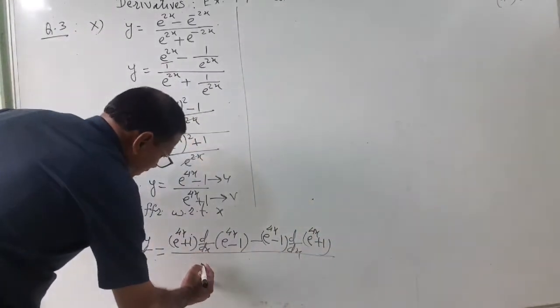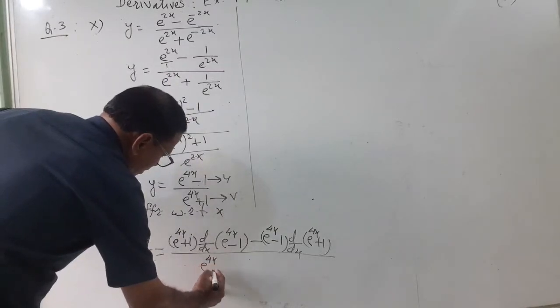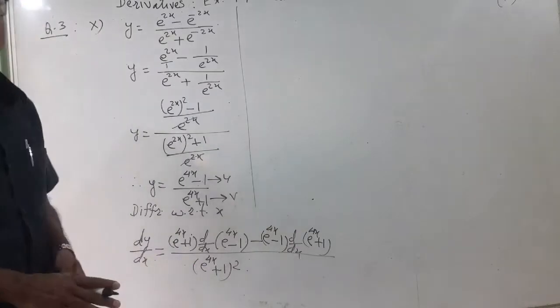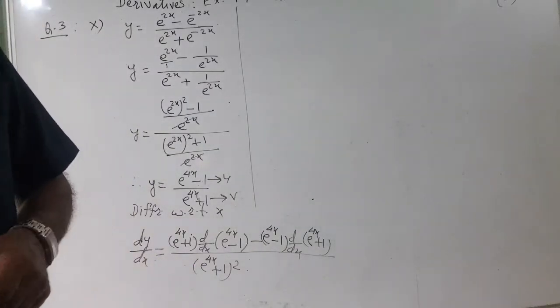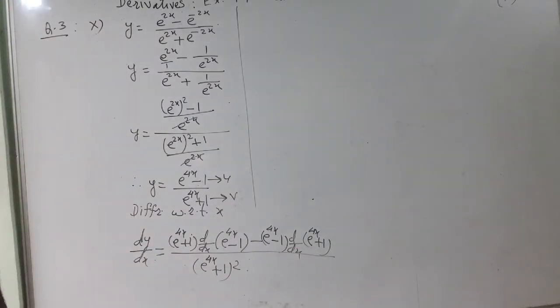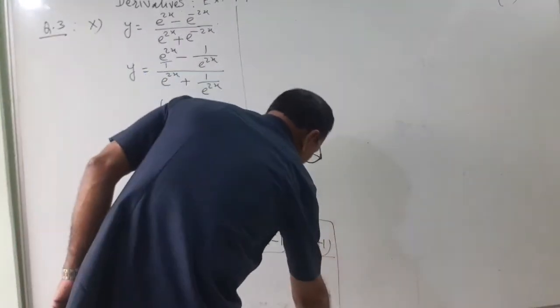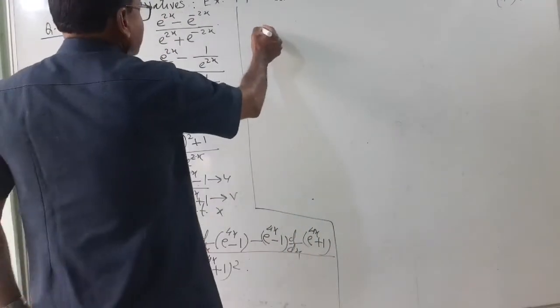V square means e raised to 4x plus 1 bracket square. Up to this you have understood, we have discussed this u upon v rule, so it is not necessary that I should discuss it again.